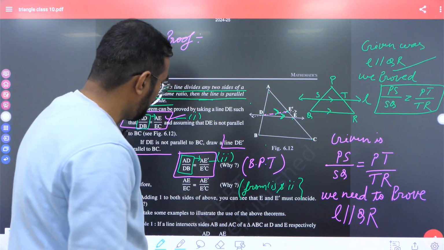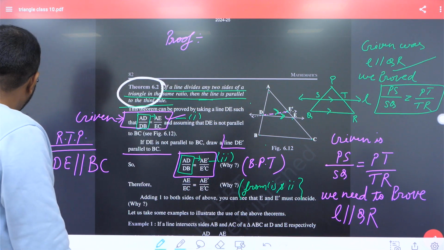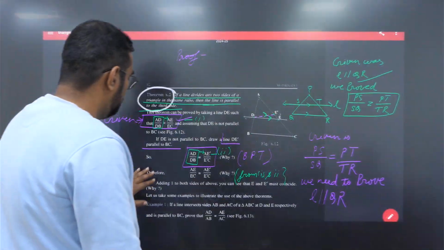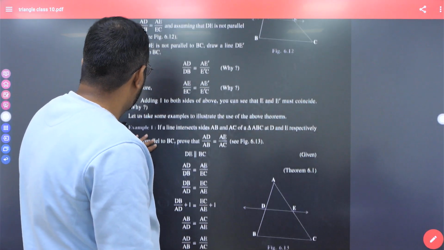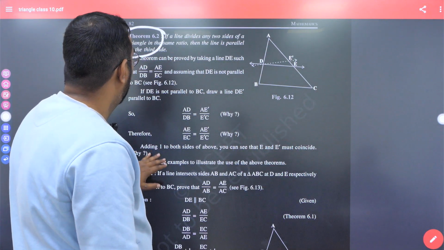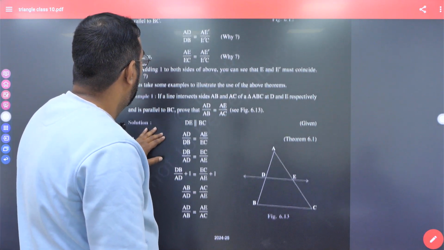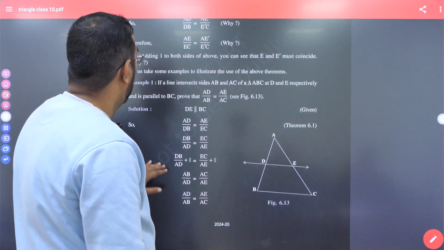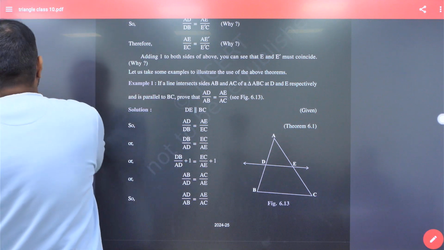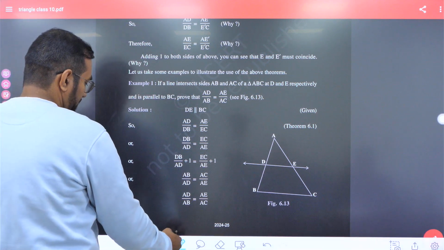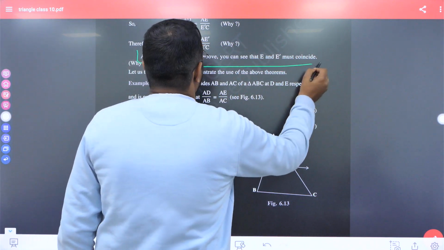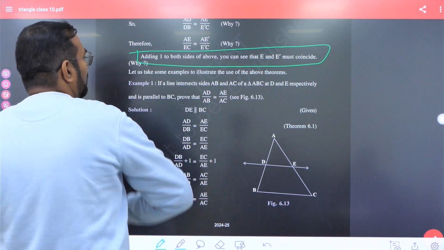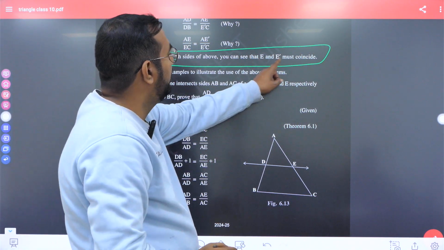Okay? Here it is given, no beta? You can see here it has written that adding first to both sides of above, you can see that E and E dash must coincide.